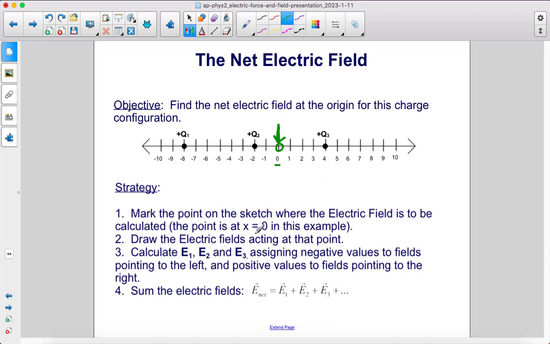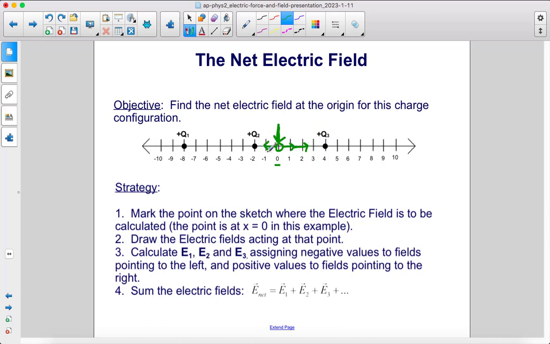Draw the electric fields acting at that point. So, these are all positive charges, which means the fields due to those charges will point away from them. So, the field due to charge 1 will point to the right, away from charge 1. The field due to charge 2 will also point to the right, away from charge 2. This charge, however, its electric field is going to the left this way.